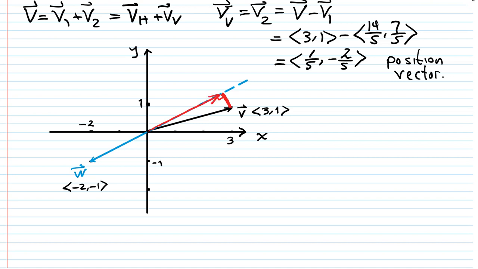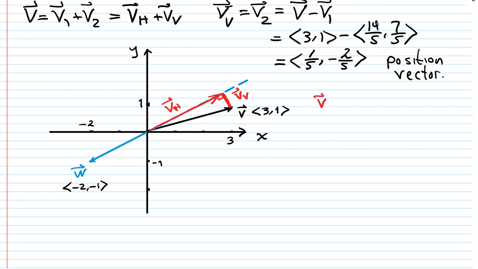There you go. That's going to be V1, if you will, the horizontal projection, the horizontal component. And the vertical component is actually this one. This is V vertical.